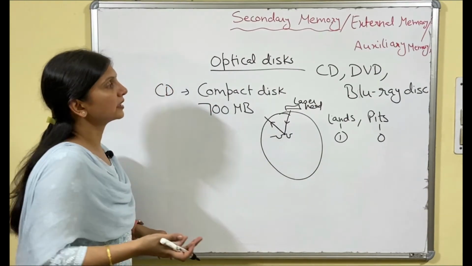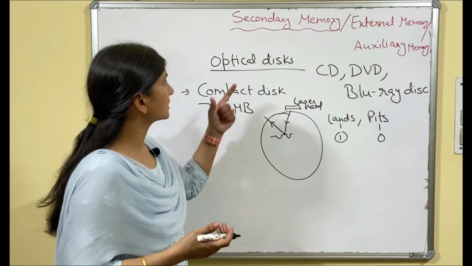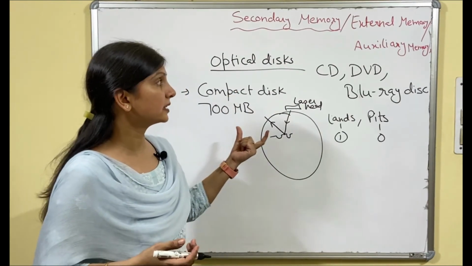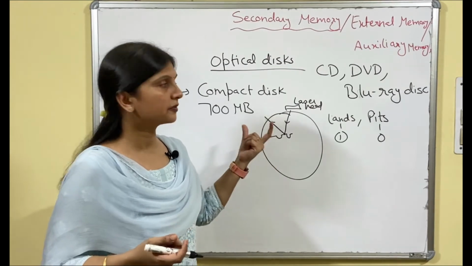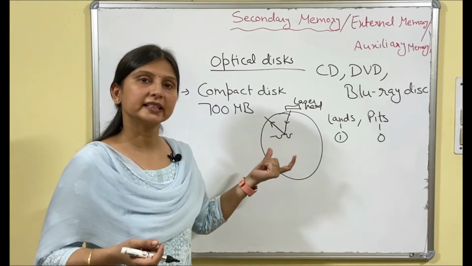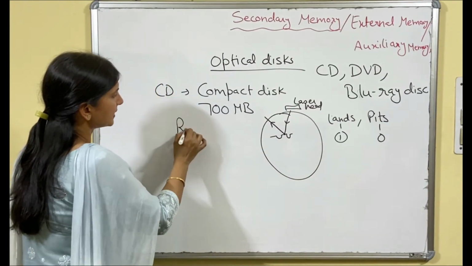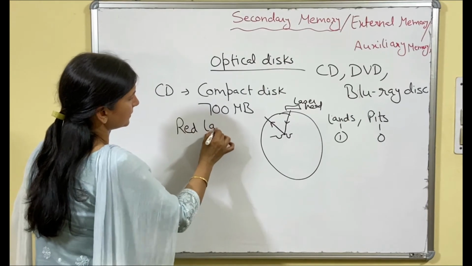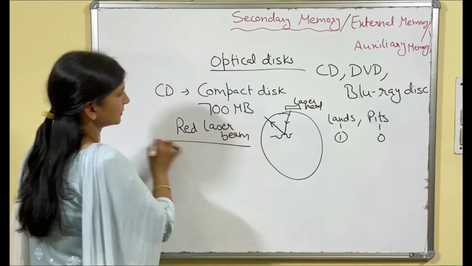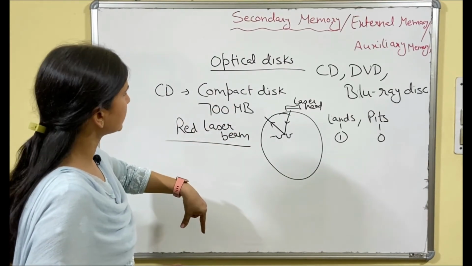Which color of laser beam is used in a CD drive or DVD drive? Red laser beam is used. Capacity 700 MB.